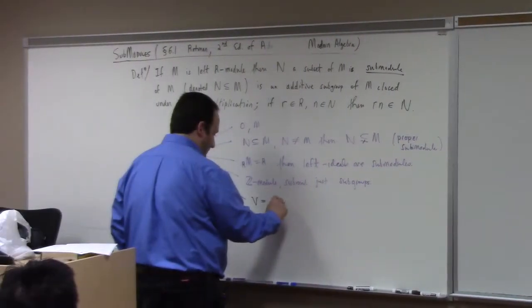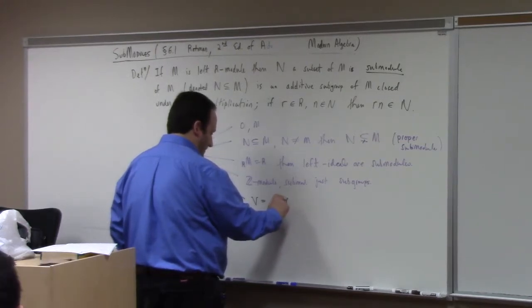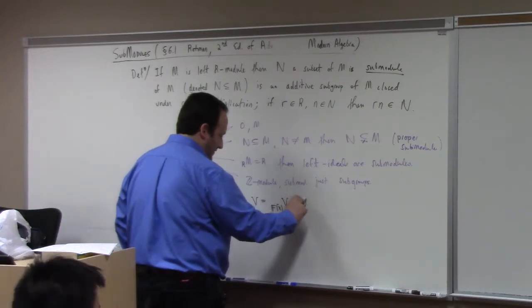But then the example I'm most interested in, of course, is when we're looking at the vector space as a left F[x] module, right? I guess it's this, but we usually call it V upper T, right?